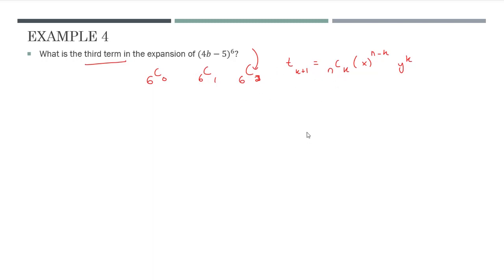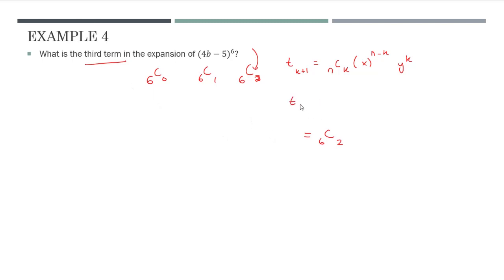So when I put this in the formula, n in our case is 6, which represents our exponent. So we're going to go 6 choose k, and k is always going to end up being 1 less than the term we're looking for, so it's going to be 2. The formula sheet shows this the other way, because here we want term 3. So I'm just going to write this a little differently.